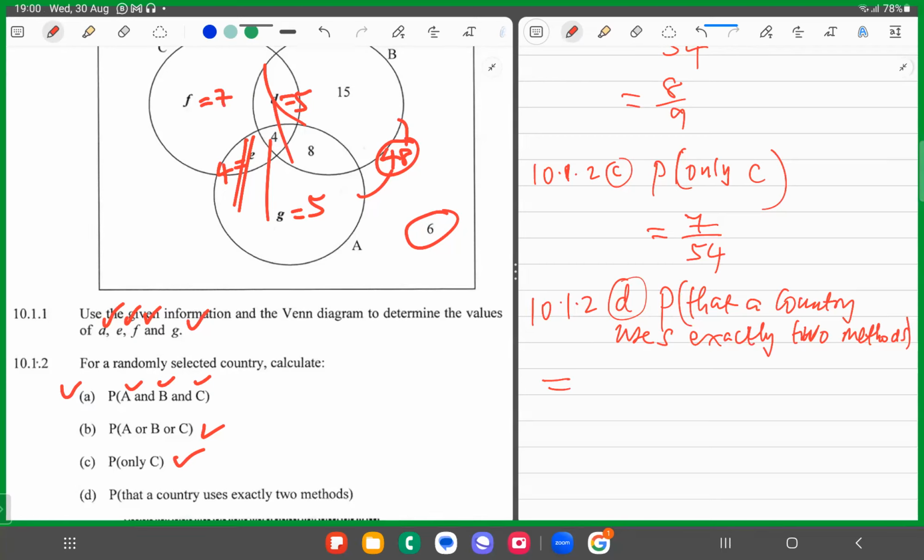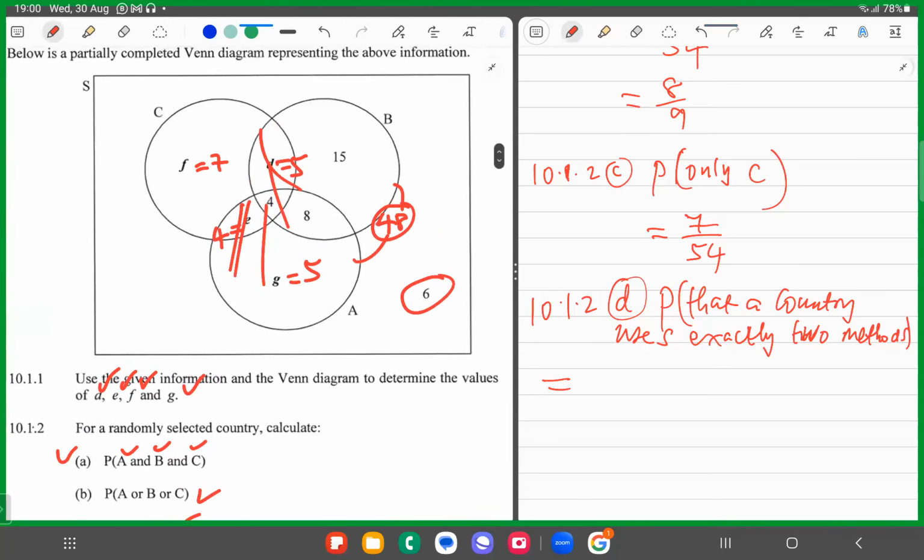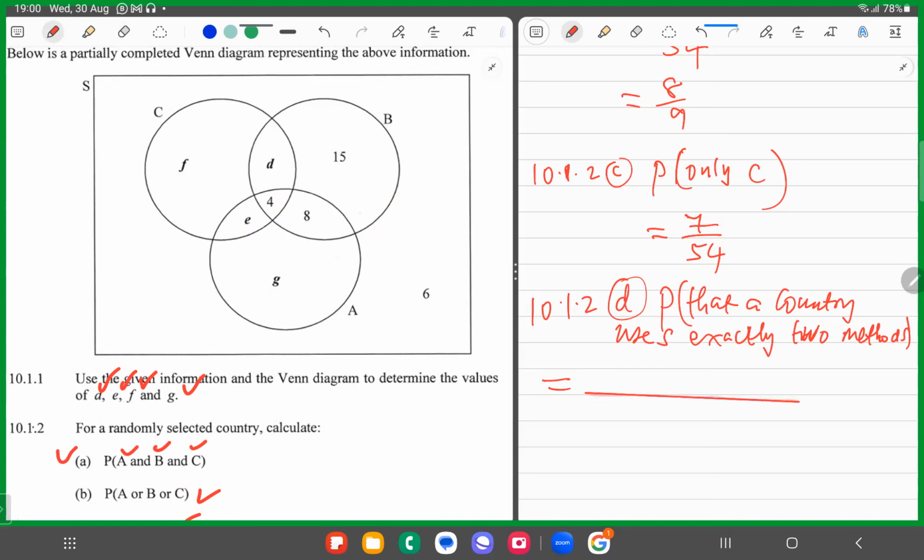All right. So we have that. The probability that a country uses exactly two methods. Let's analyze that one together. Right, now we are looking at these. Yeah, this is making the whole thing untidy, but it's useful a little bit when you analyze this. So the probability that a country uses exactly two methods is going to be out of 54 countries.